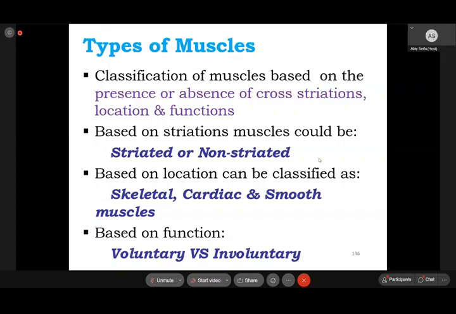Cardiac muscle is found in the walls of the heart, specifically in the myocardium, and it may also be found in the great vessels like the aorta, pulmonary trunk, pulmonary veins, and the inferior and superior vena cava.